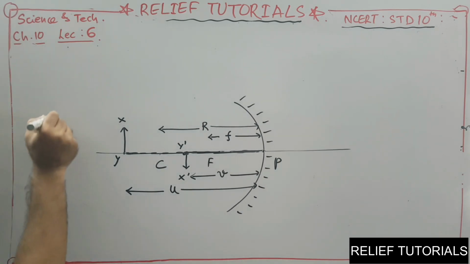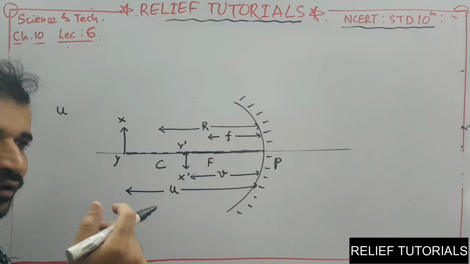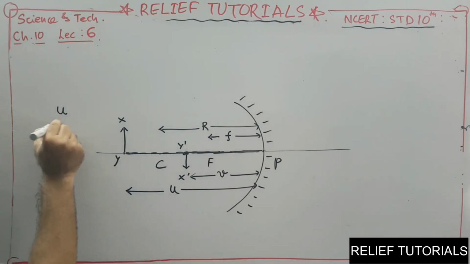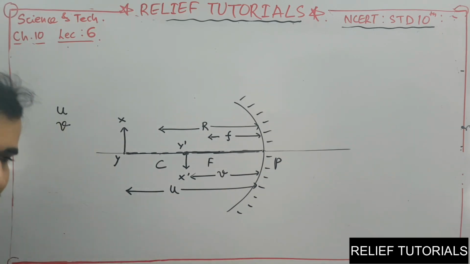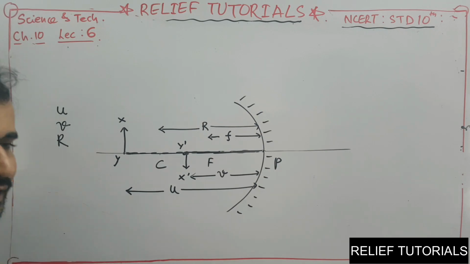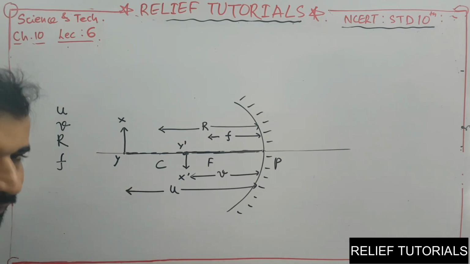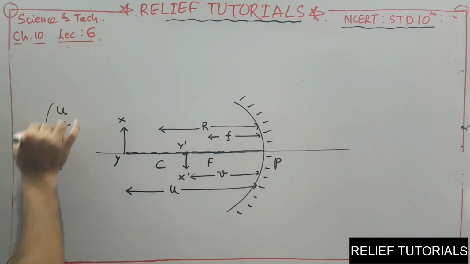U means object distance, the distance of the object from the mirror. V is image distance, the distance of the image from the mirror. R is the radius of curvature, the distance P to C. Small f is the focal length, the distance P to F. So these are the four important distances.